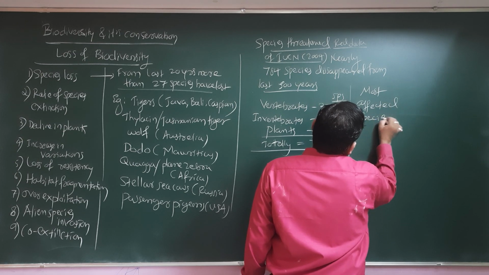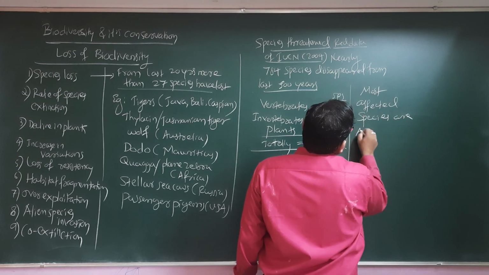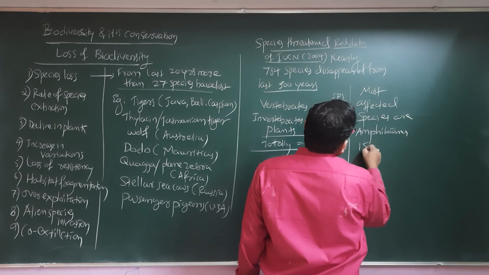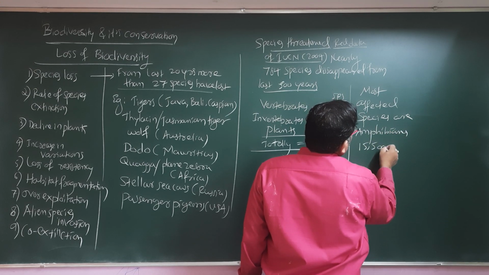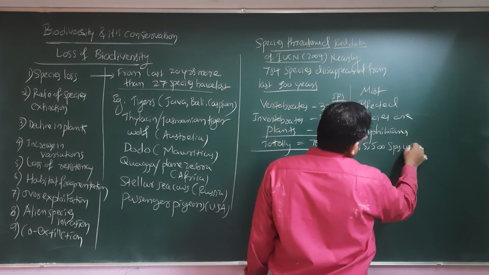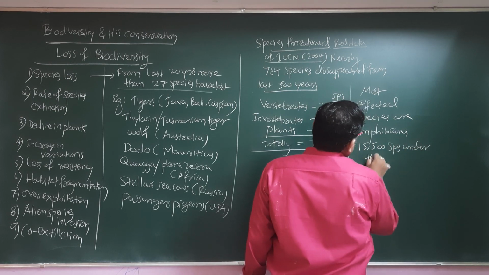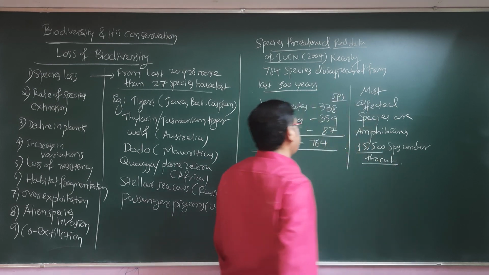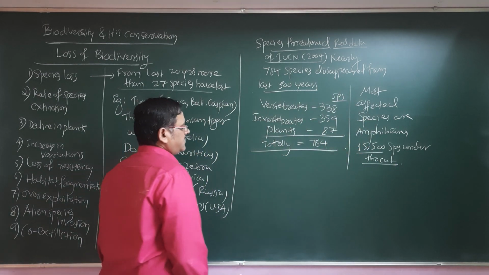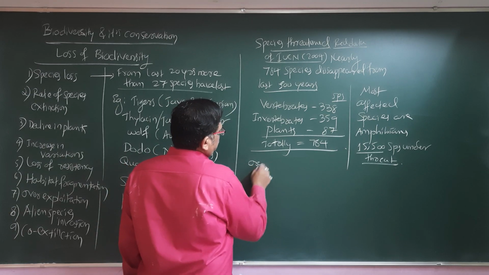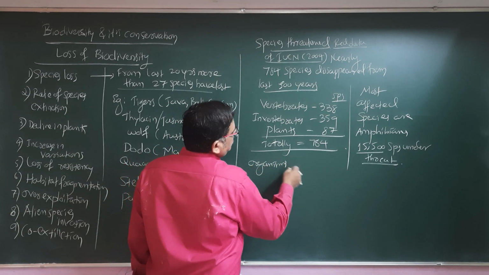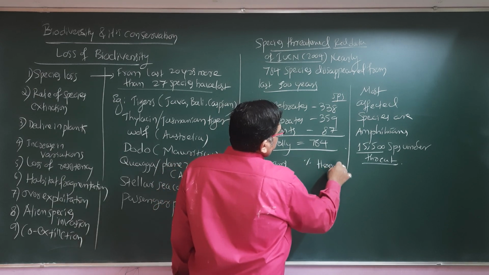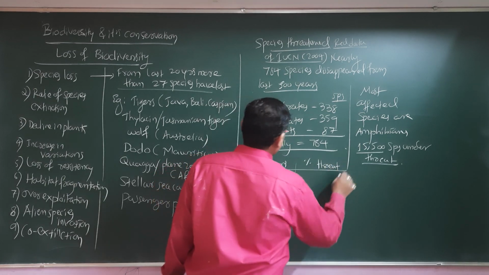Nearly 15,500 species are under threat. Other than this, we can look at organisms and the percentage of threat they are facing.